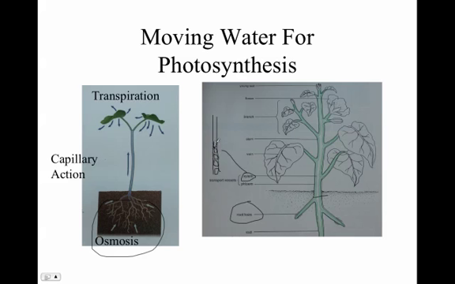All these water particles jam in here, and they head up the plant. Eventually, they get to the leaves, and in the leaves, they jump into the air through evaporation. We call that transpiration.